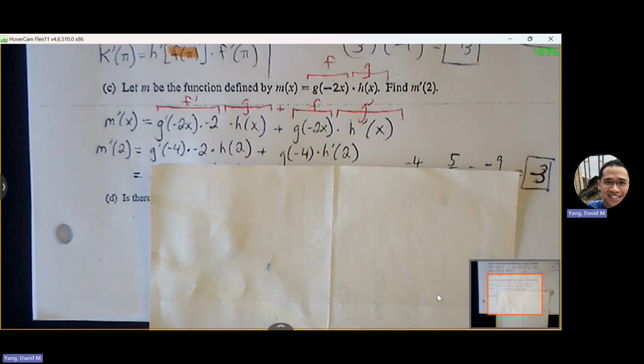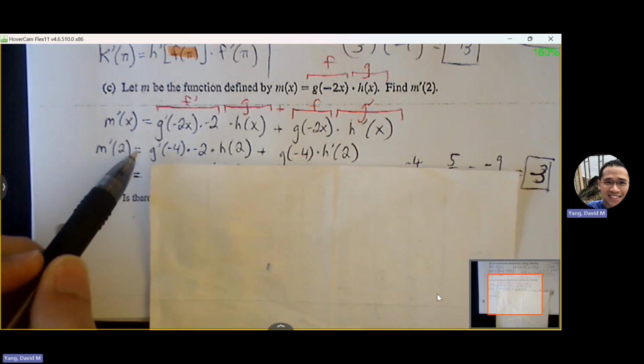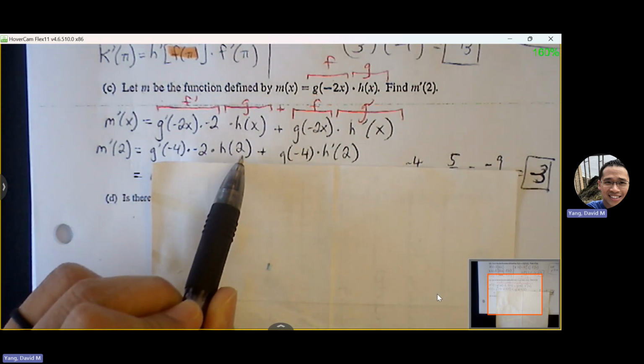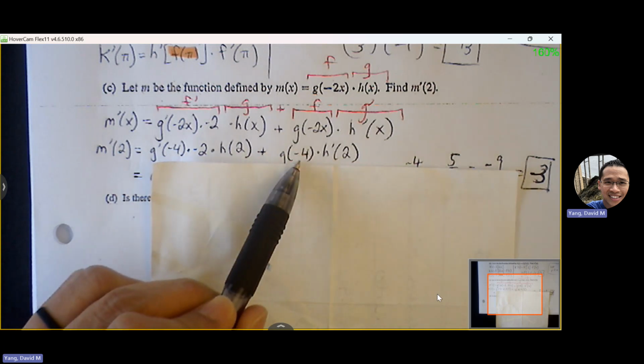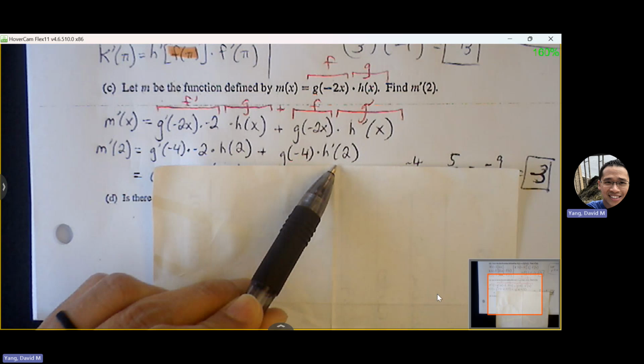Now we can start looking at the top of the page to see if we can make some substitutions. G prime of negative 4, we can pull that value from our table. H of 2, we can pull that from our graph. G of negative 4, we can pull that from our table. H prime of 2, we can pull that from our graph as well.